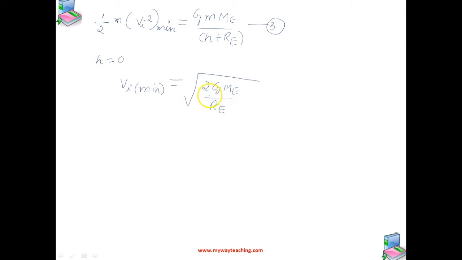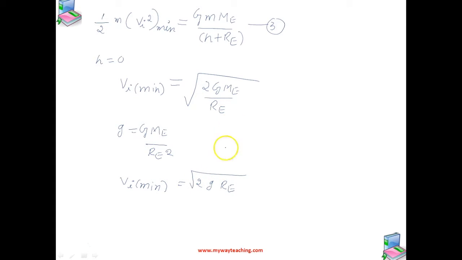Using the relation for acceleration due to gravity, g equals G Me by Re square, we get the initial speed equal to square root of 2 g Re, isn't it?